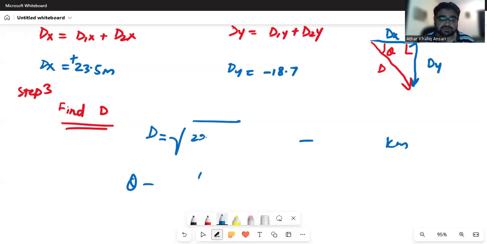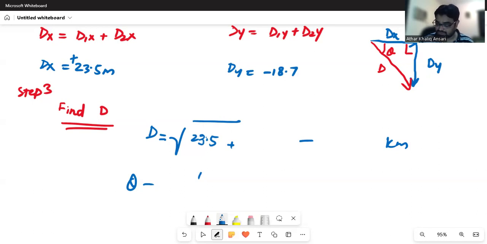This was the square root of 23.5 squared plus negative 18.7 squared, which is equal to 30.03, and theta is equal to tan inverse of dy, which was negative 18.7, over 23.5.